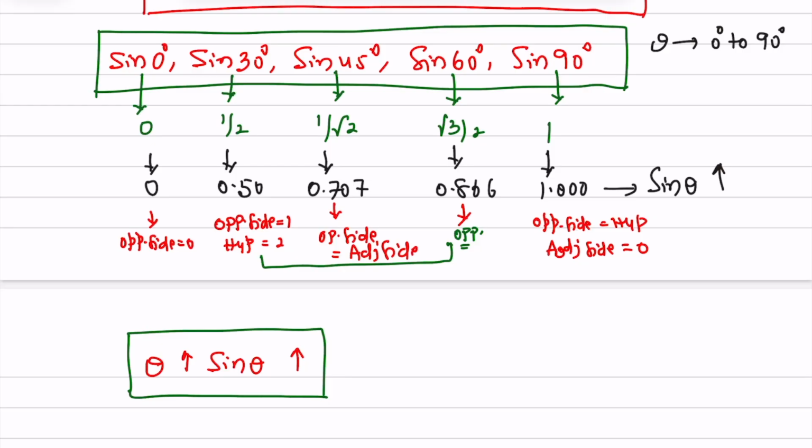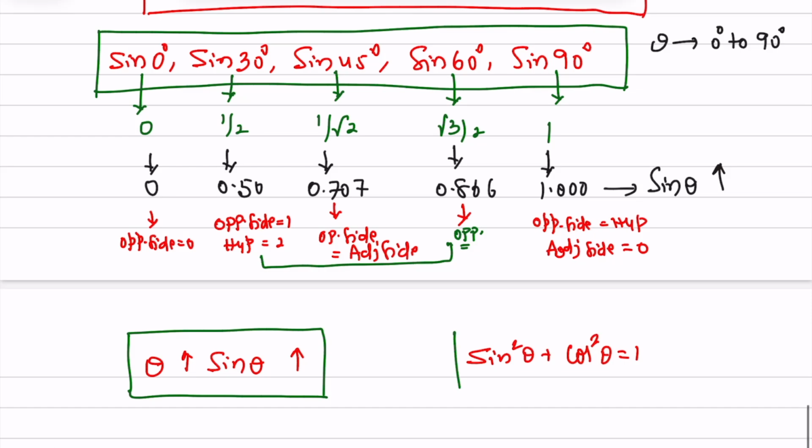It's very easy to remember the diagram, unit circle, and from that it is very easy to draw the values of sin theta. Once sin theta values are found, then sin square theta plus cos square theta is equal to 1.